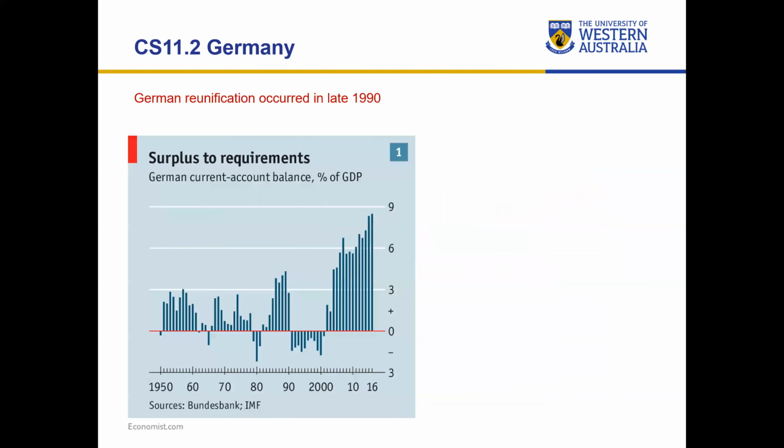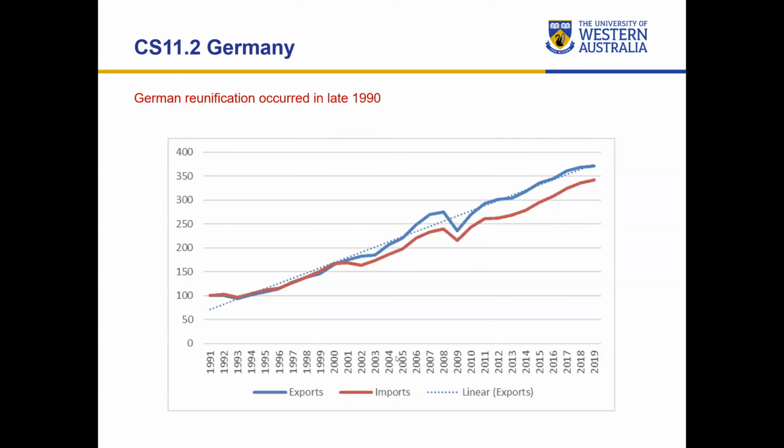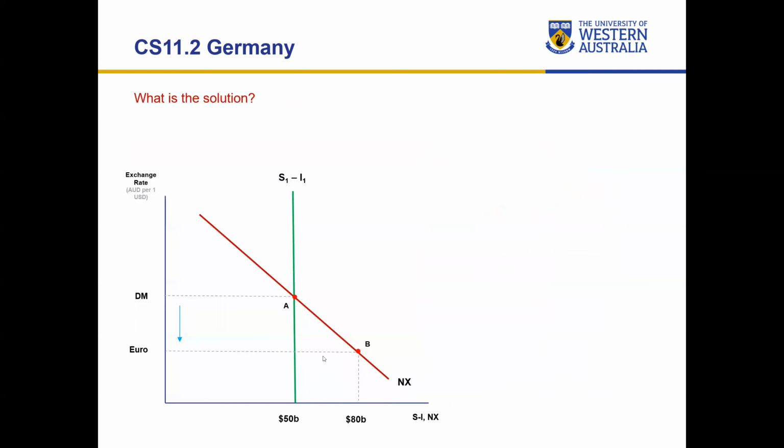Germany has massive current account surpluses, and it's got a net inflow of money of 30 billion. So in a sense, it's kind of drawing in money from the other countries that use the euro, countries which are much poorer than Germany itself.